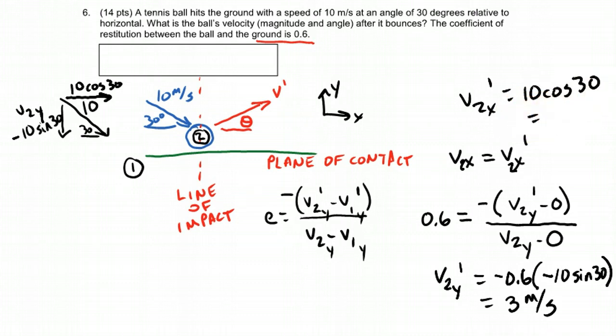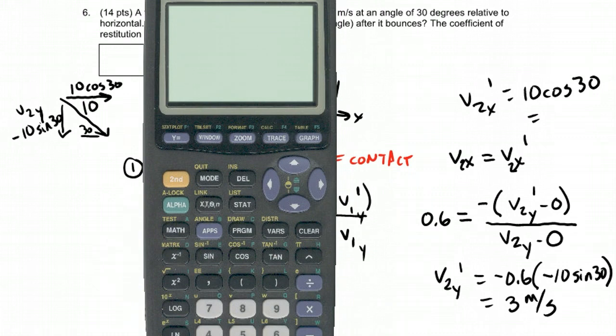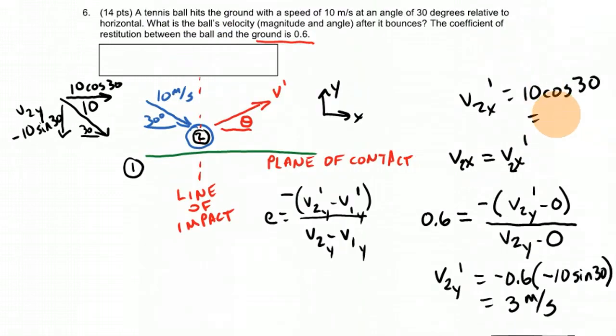That number comes out to be 8.66, I believe, but I'm going to double check. 10 cosine 30, 8.66. Again, meters per second.